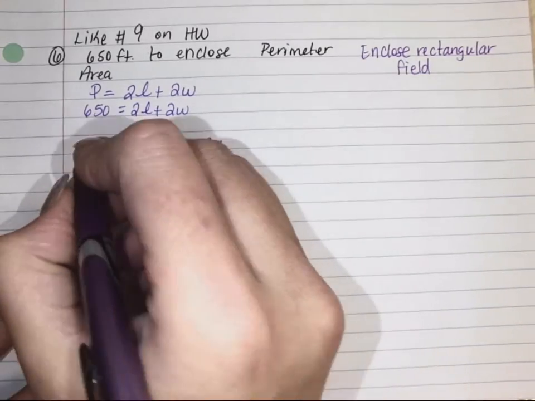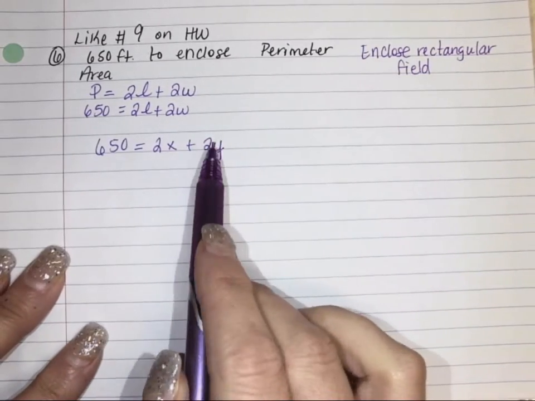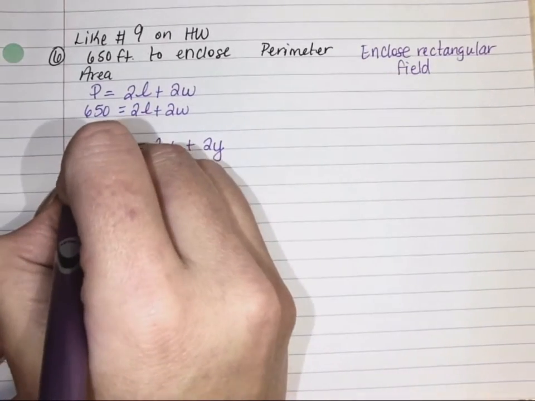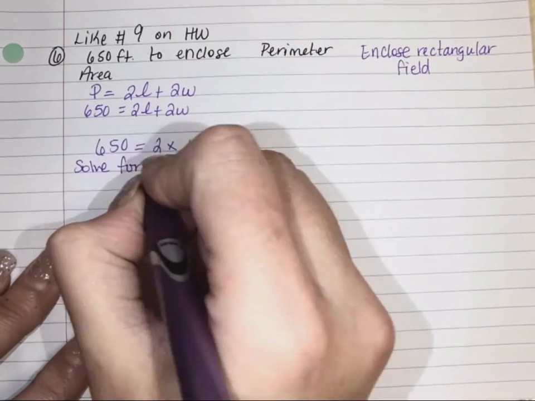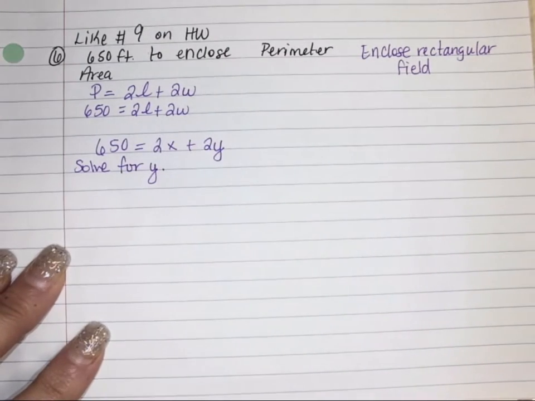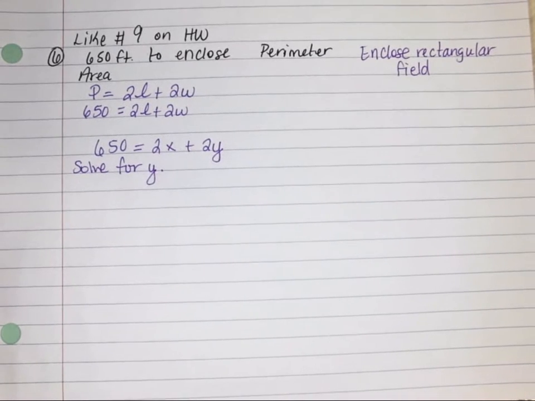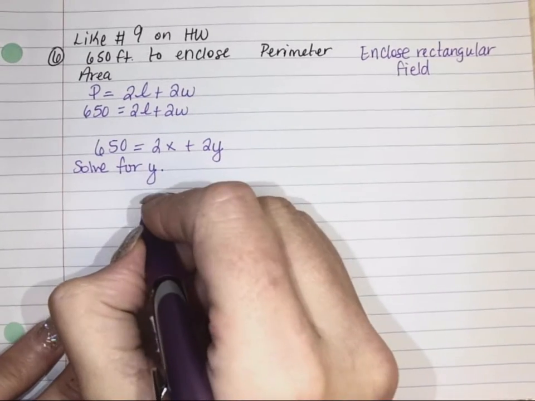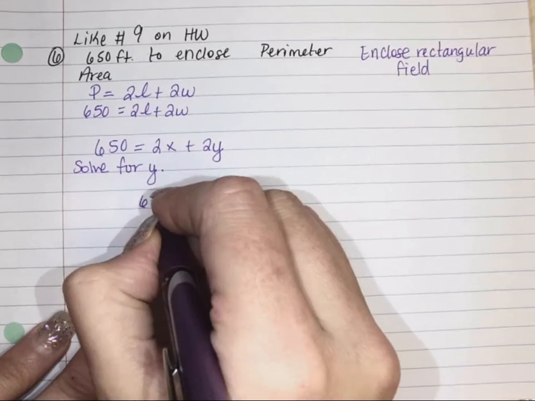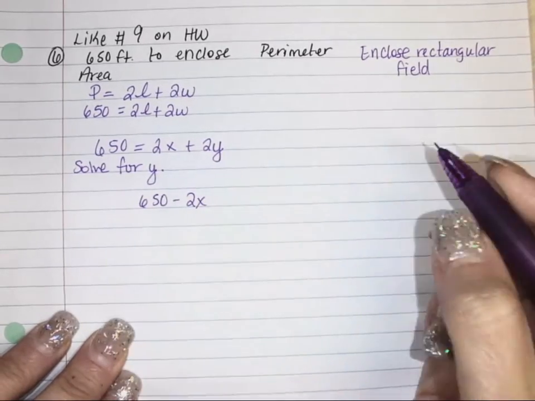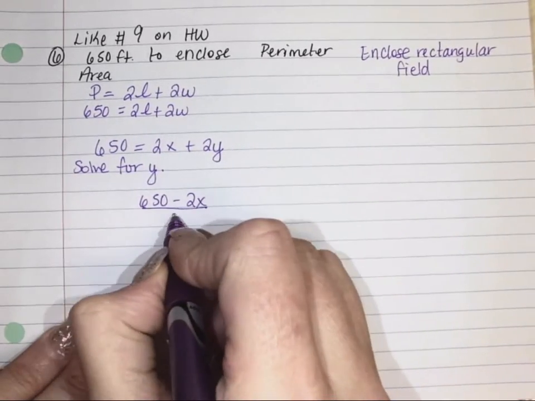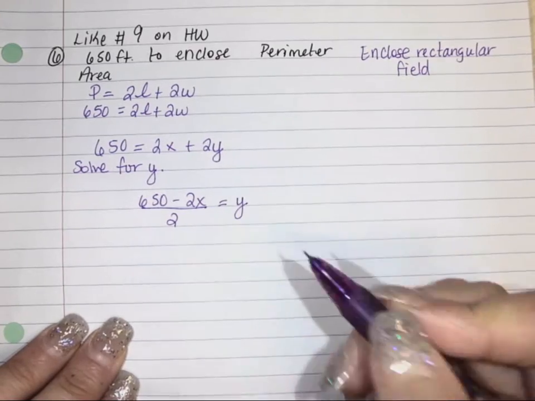So then the next step, we need to actually solve for Y so that we can plug in. Okay, so we get 650 minus 2x, and I'm going to go ahead and divide it by 2, and that's going to give me y.